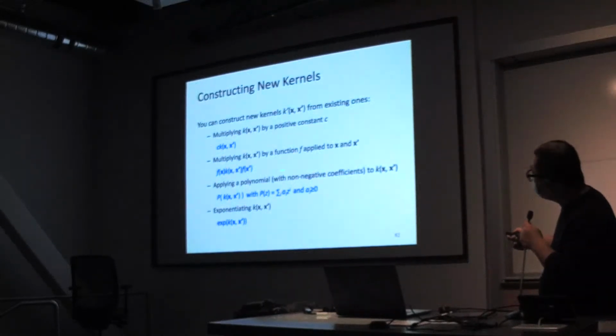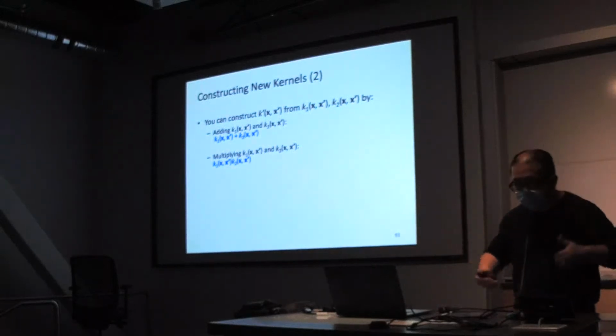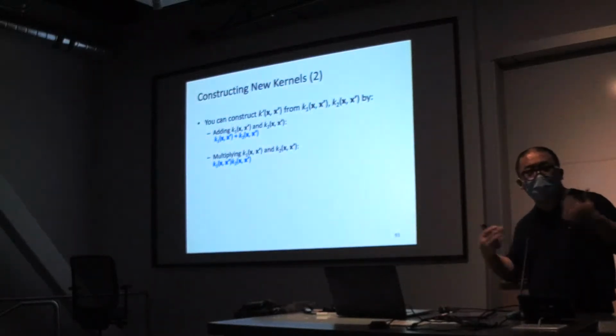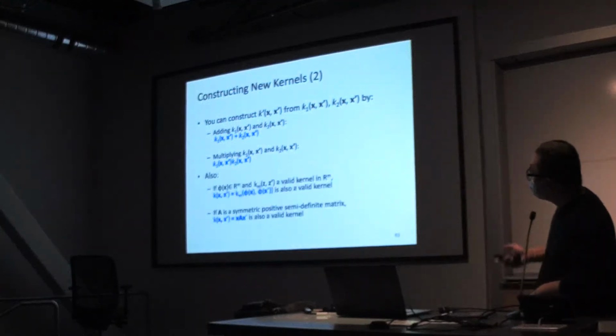You can even use the kernel function's value to compute a polynomial, which is a new kernel, or take the exponential, also a new kernel. If you add up two different kernel functions, it will give you another new kernel function. They're all valid. Or multiply them together.